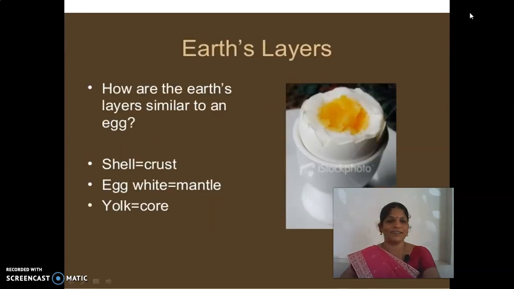See, what is this? It's an egg. Okay. Listen. It is a semi-boiled egg. Okay. I kept it as a semi-boiled egg. How are the earth's layers similar to an egg? See that yellow color part. I hope everyone knows the semi-boiled egg. That yellow color part, that is yolk, that is called core, that is deep inside of our earth, the center.